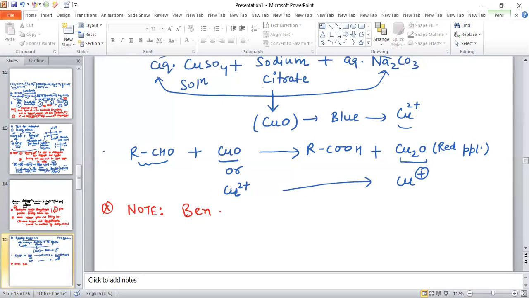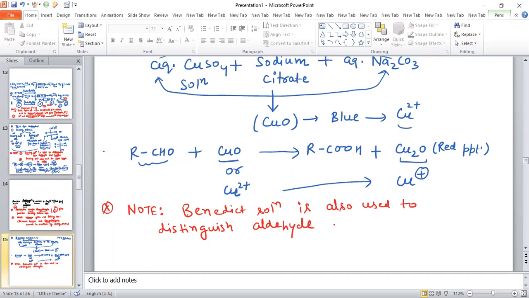So the first utility of Benedict solution is this.